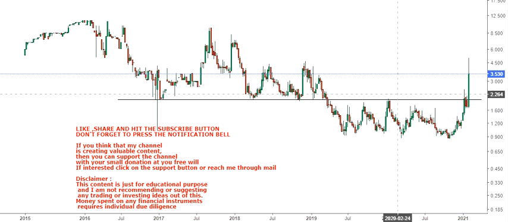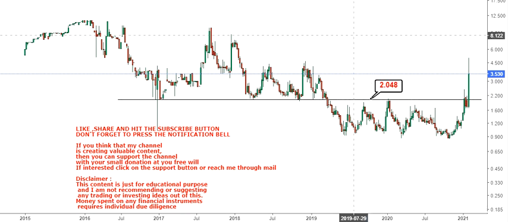So here we have this level, $2. This was your resistance level, and now a breakout has happened above that.